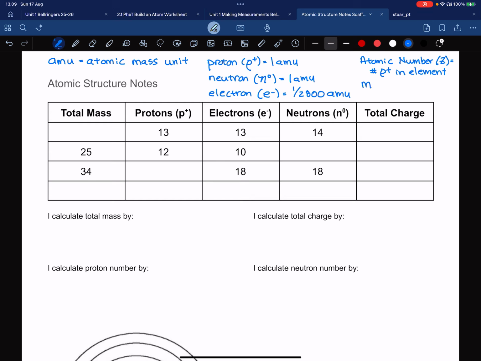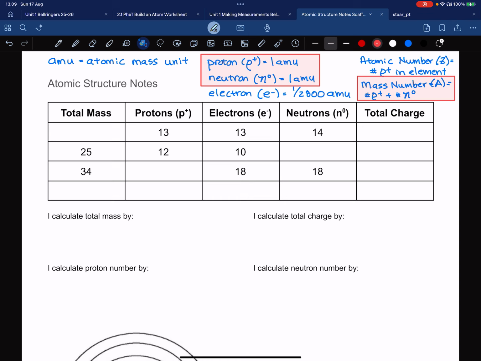And then we have mass number, which we will abbreviate with an A, and that is the number of protons plus the number of neutrons, because only those two things have mass. Okay? So it's important to remember that only those two things have mass. So these guys here have mass, and so they make up the mass number.